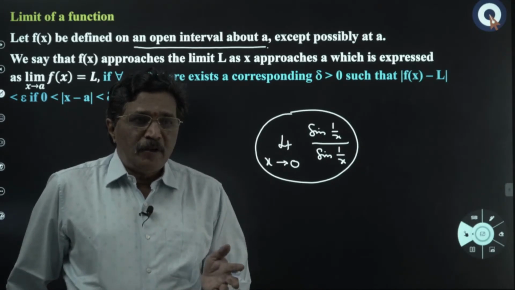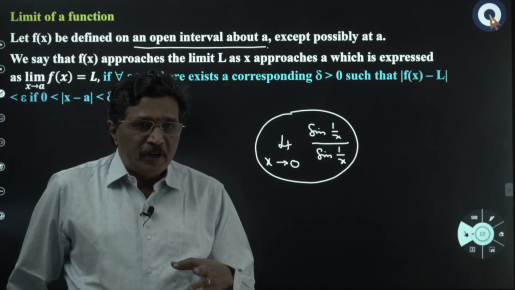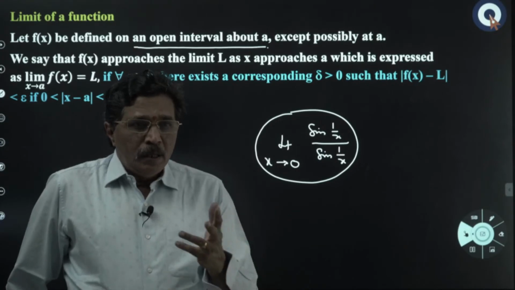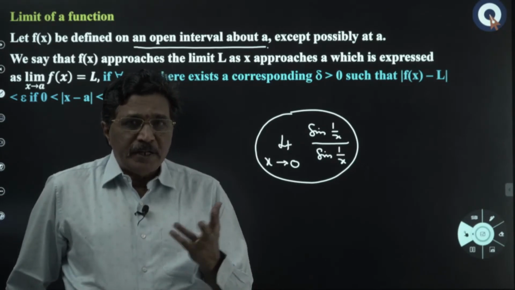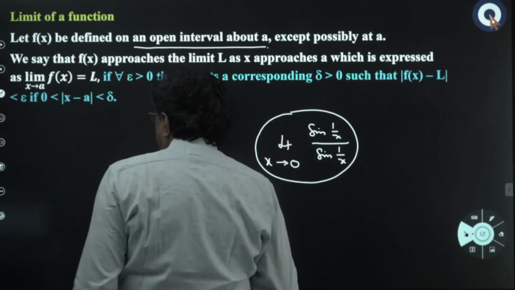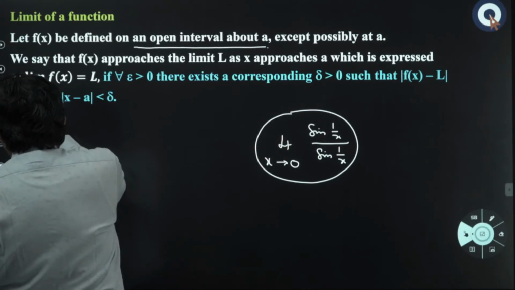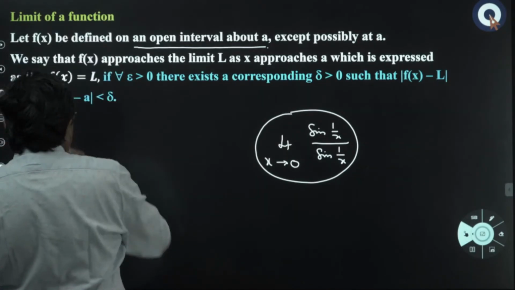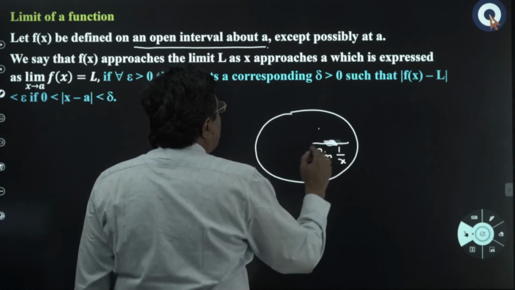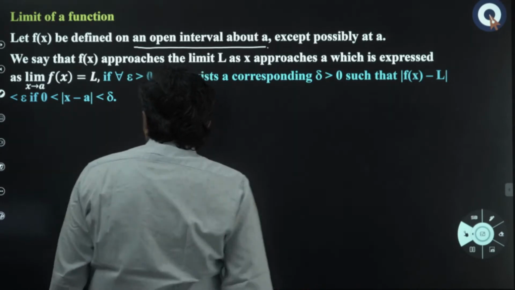If the examiner wants to test the conceptual understanding of a student instead of manipulative things, he may orient his questioning around these things. So this is meaningless. There is no point in finding the limit, saying the limit does not exist. The question of limit itself will not arise here. So you should not even say that limit does not exist. It is totally irrelevant as far as this is concerned.